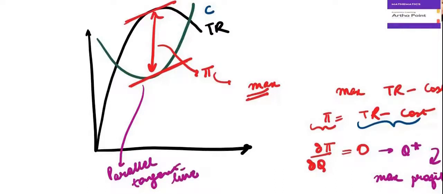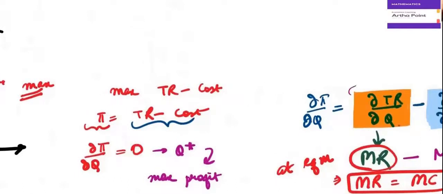If I draw a tangent line of TR and a tangent line of TC, wherever my optimal output exists, those tangent lines should be parallel to each other, because the slopes of the two curves are equal, because that is what my equation just mentioned: the difference between slopes is 0, so the slopes are equal to each other.